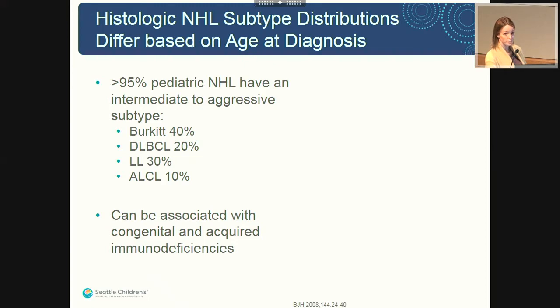And I think this is probably what you guys are used to seeing if you think about the patients you're taking care of. You're most likely to see patients getting therapy for mature B-cell.